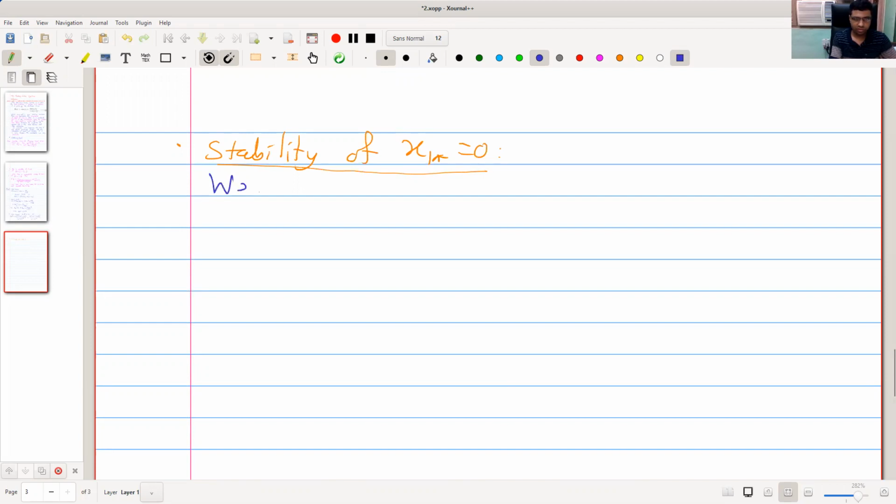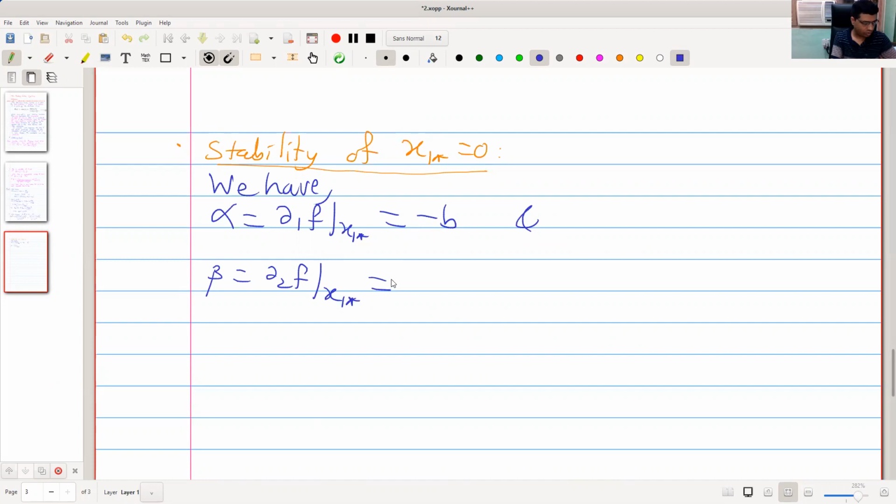We have alpha equal to del 1 f evaluated at x1 star. That is constant, so it is always minus b, and beta equal to del 2 f evaluated at x1 star.